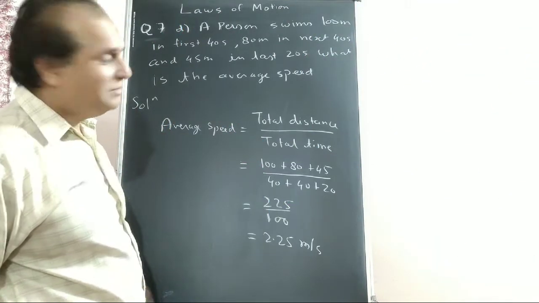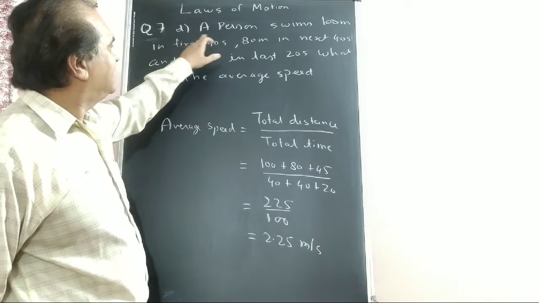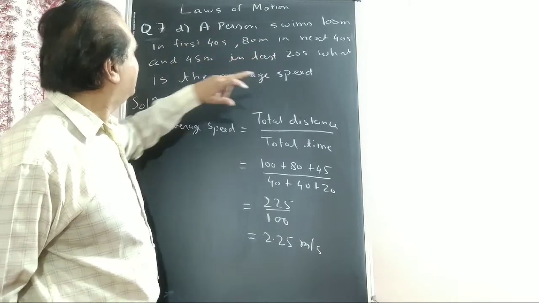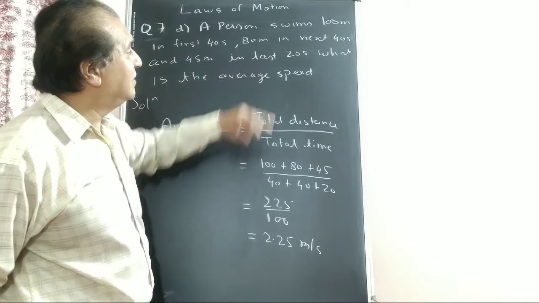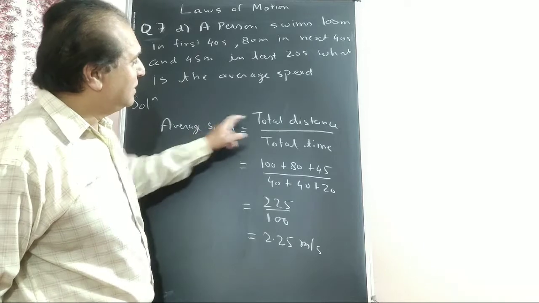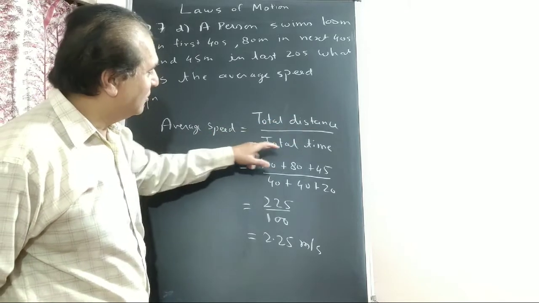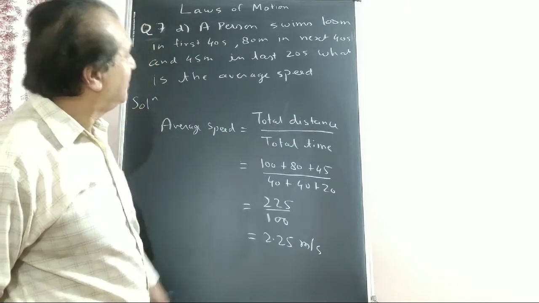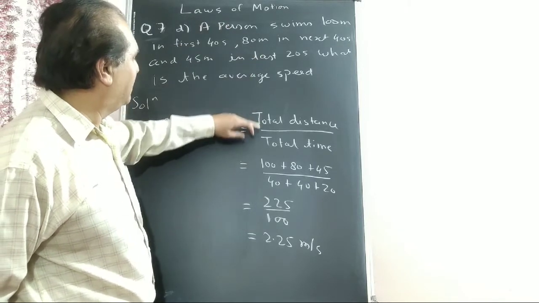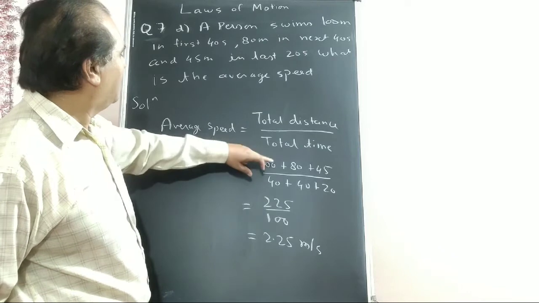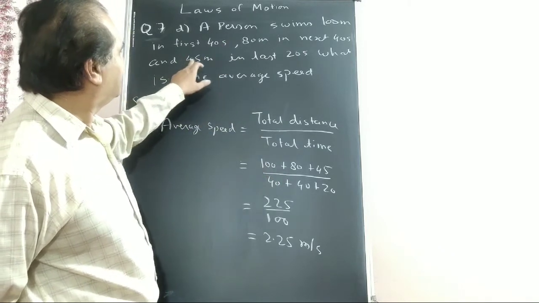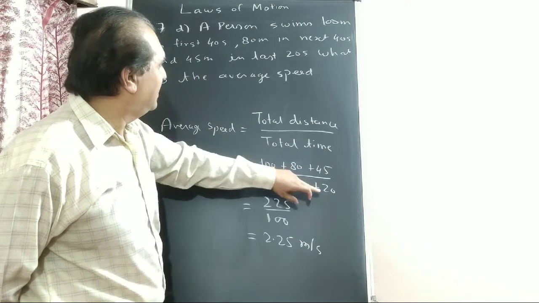Okay, last sum, question 7D. A person swims 100 meter in the first 40 seconds, 80 meter in the next 40 seconds and 45 meter in the last 20 seconds. What is the average speed? Total distance travelled upon total time taken. First 100 meter in 40 seconds, plus 80 meter in 40 seconds, plus 45 meter in 20 seconds.